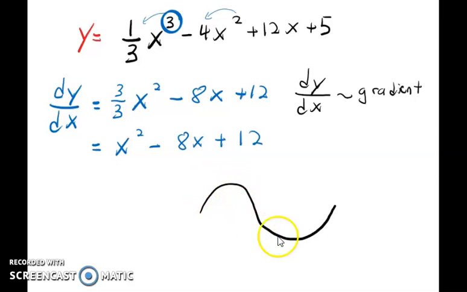Along this cubic graph there will be a lot of gradient values: a positive, a negative, a positive, and a few stationary points depending on the type of equation. You can find two types of stationary point when your dy/dx reaches 0.